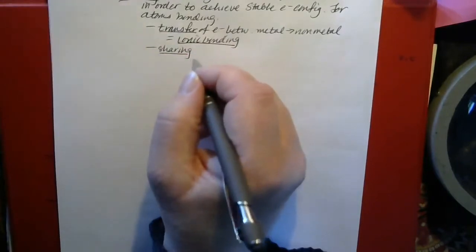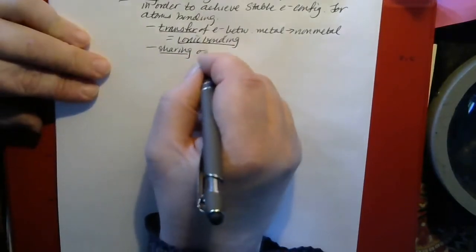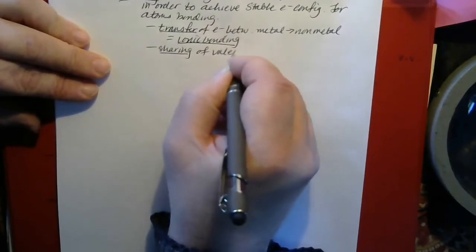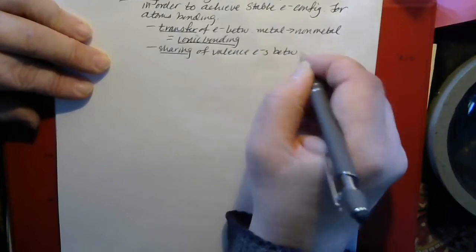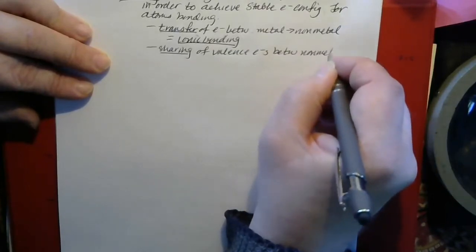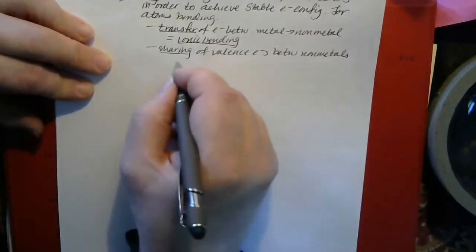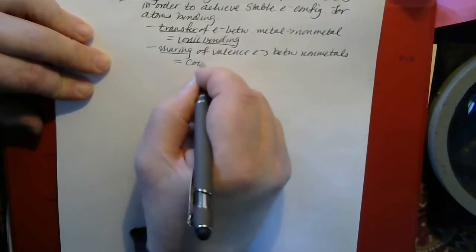Sharing of valence electrons between atoms of nonmetals is covalent bonding.